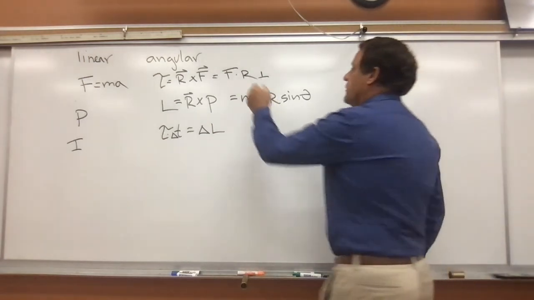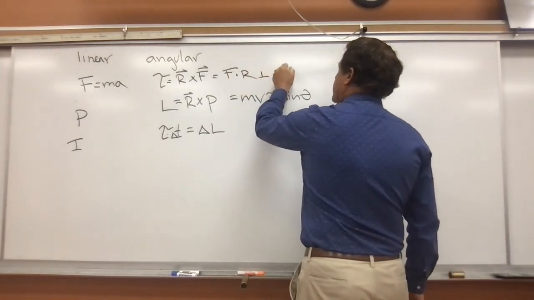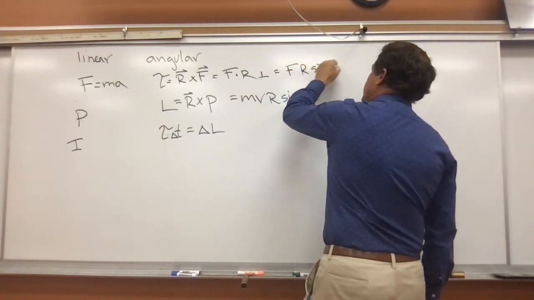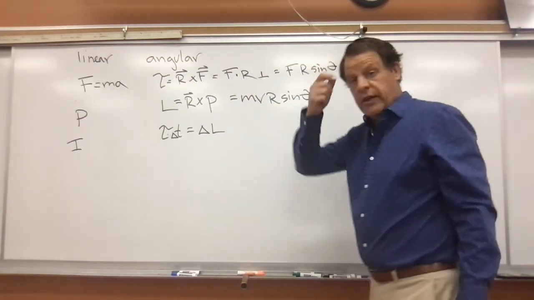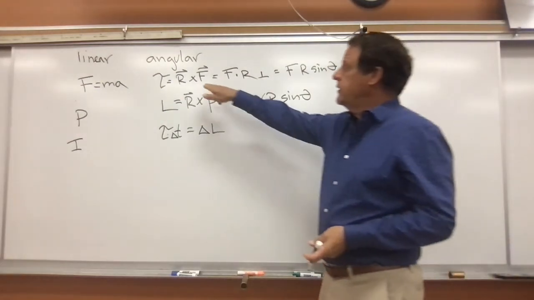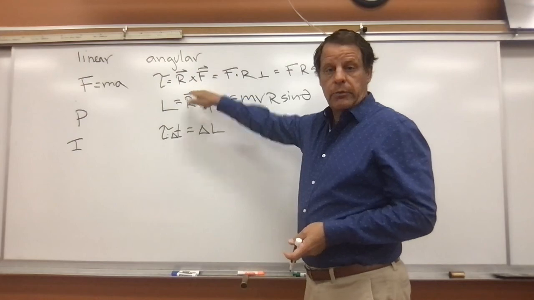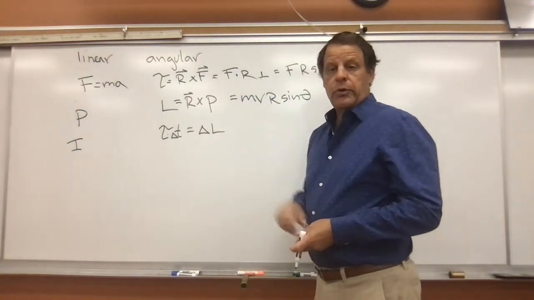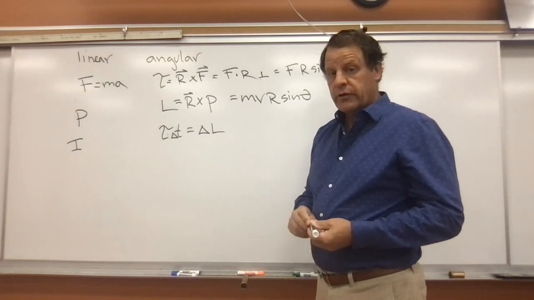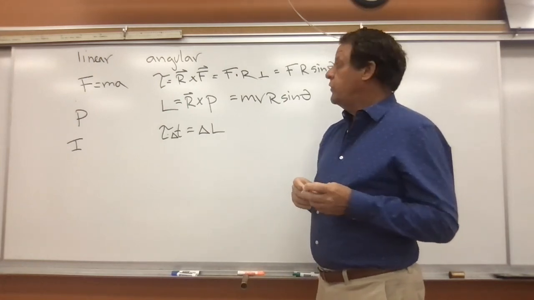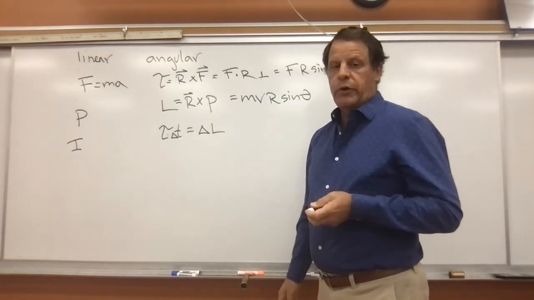We've talked about this. So we could also think of this as F R sine theta, which is giving us that perpendicular component. When you do those cross products from the matrices, they certainly involve the sine. So you can go back and review that.